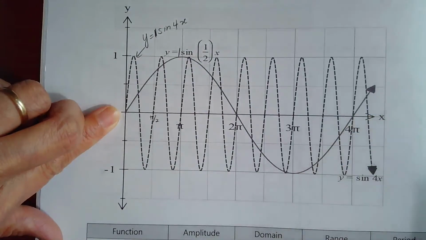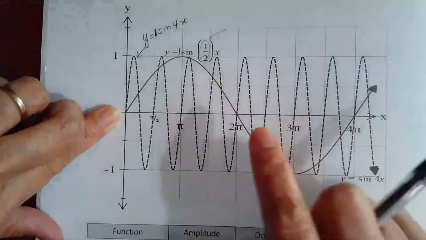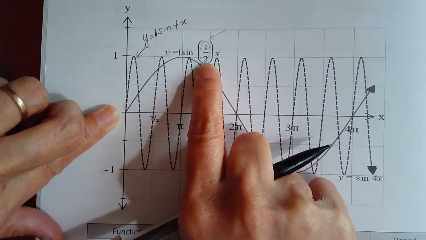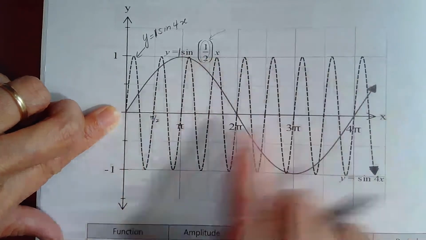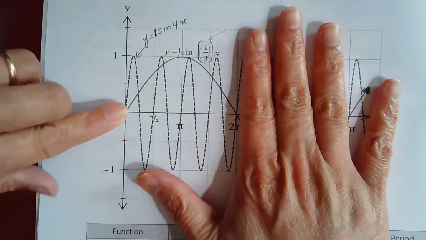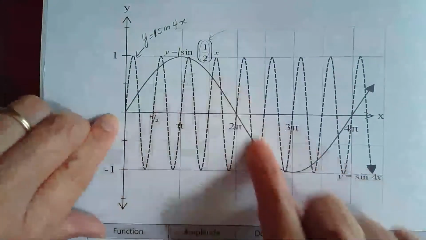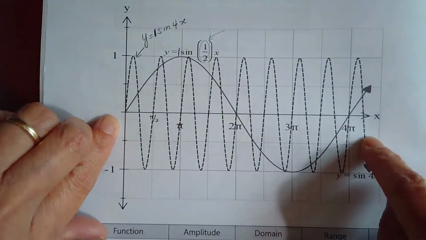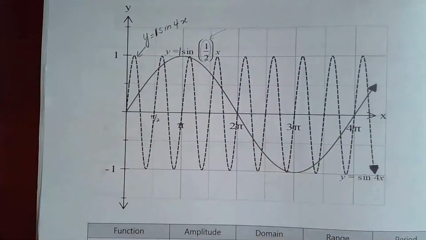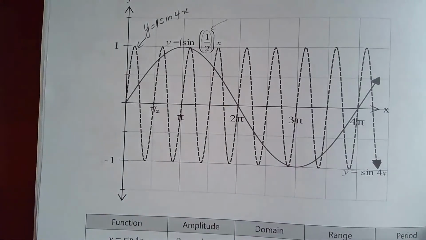Now this 1/2 here tells us that you're only going to get half a wave if we go for 2 pi. If we go up to 2 pi, we're only getting half the wave, just this half, not the complete wave. The period talks about how long it takes for one complete wave. So that's the b value.